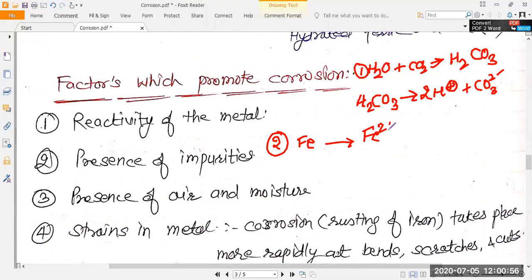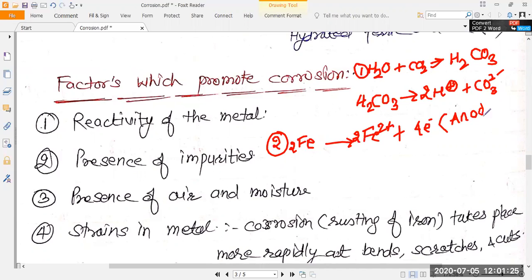So to balance the chemical equation, suppose two iron atoms react and give electrons and convert into ferrous ions. Two iron atoms release four electrons and it acts as an anode. It is the anodic portion of the electrochemical cell.